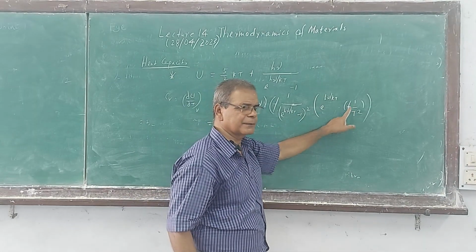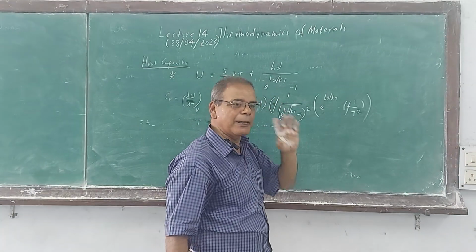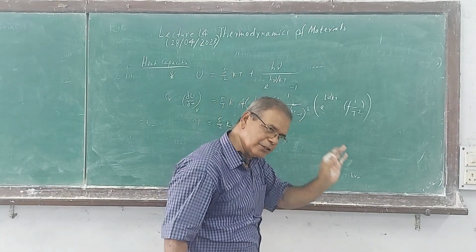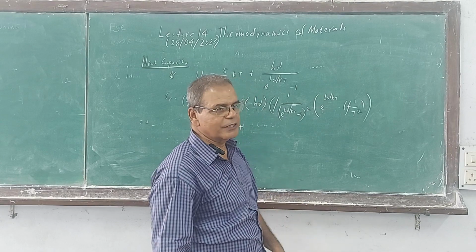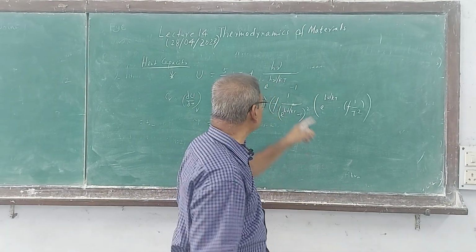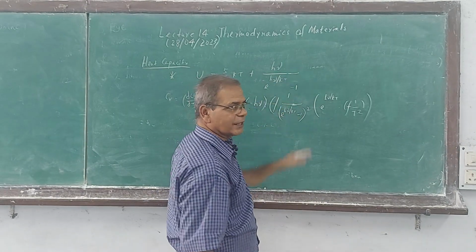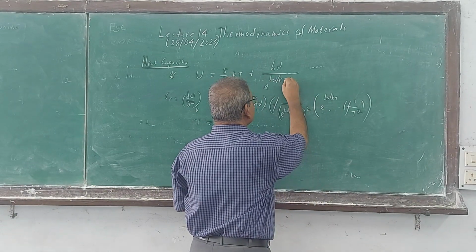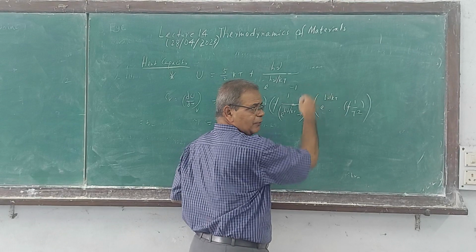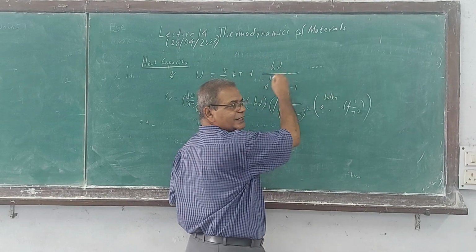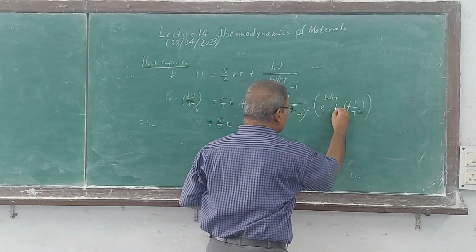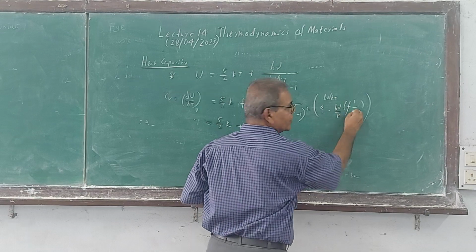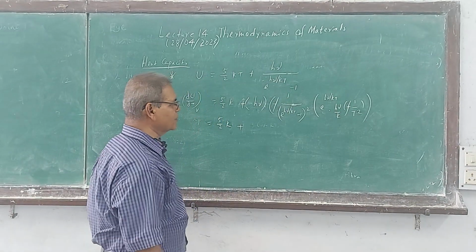Mistake here. e to the mx is e to the mx times d/dx of mx, which means m. So m is what? This, h nu by k. There should be h nu by k. h nu by k must be there. Okay, this is first of all. Then the d/dT of this is h nu by k, and then of course what I have written already. This must be correct then.